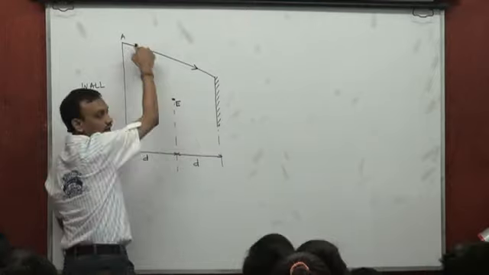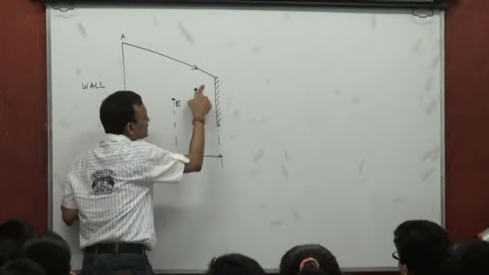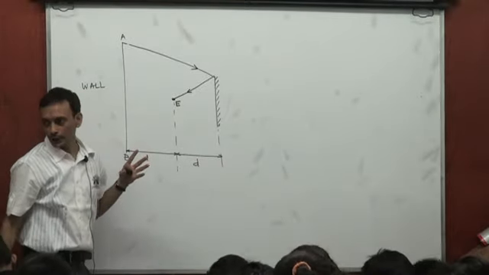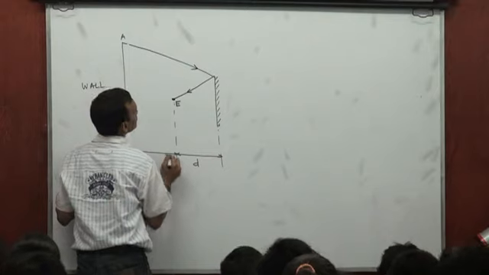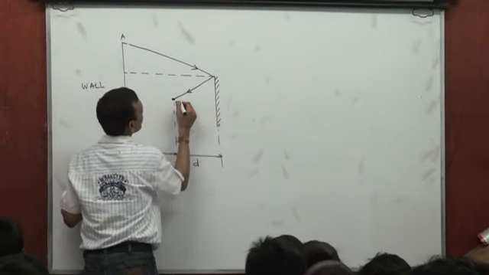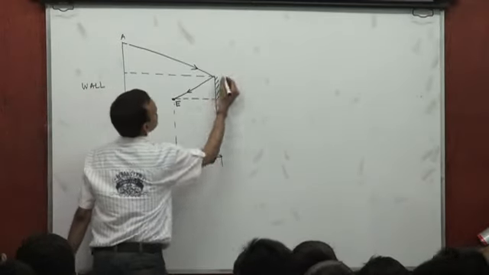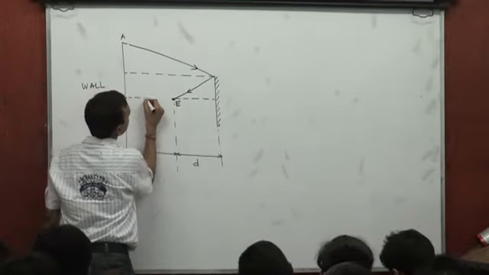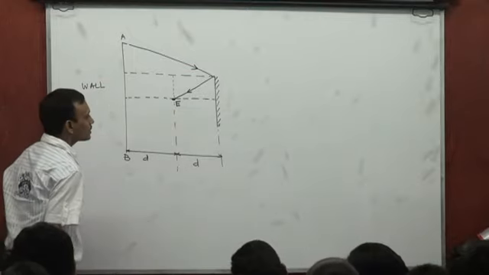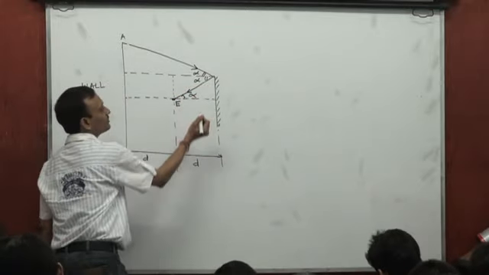Then a ray from A, the upper end of the wall, must be witnessed by E. That means a reflected ray should fall on the eye for him to be able to see A. Again, notice that this angle is alpha, alpha, alpha.